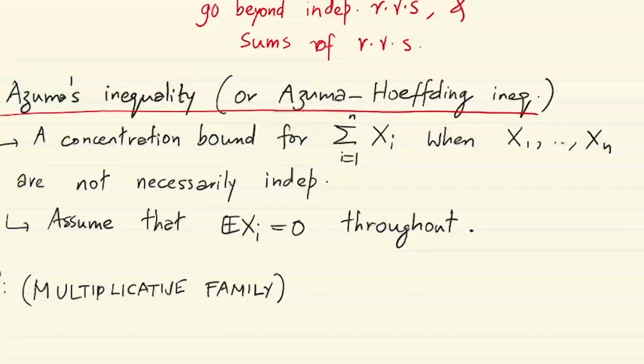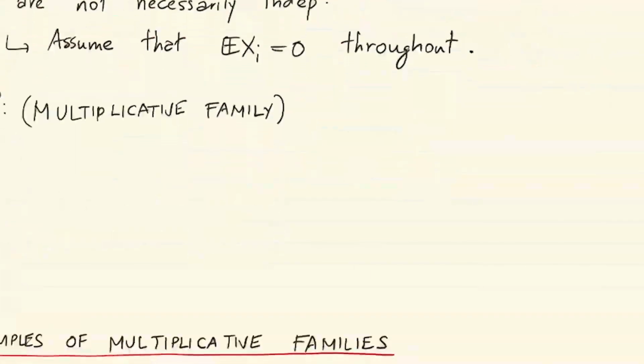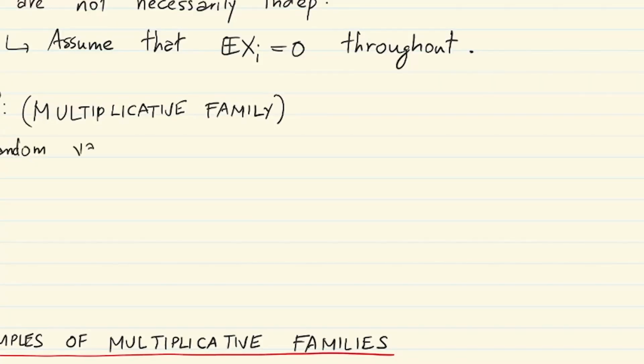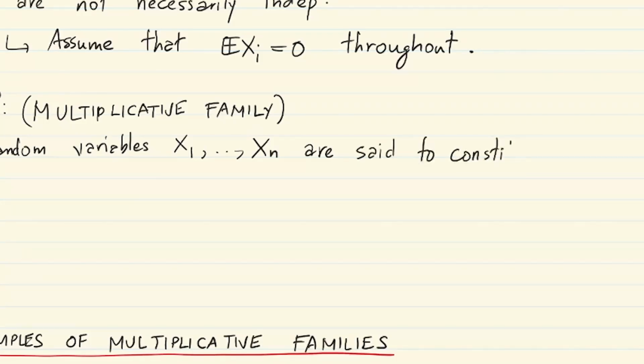So it's useful to first define a property of these random variables, which is what is called a multiplicative family. So random variables X1 through Xn are said to constitute a multiplicative family if the following condition holds.